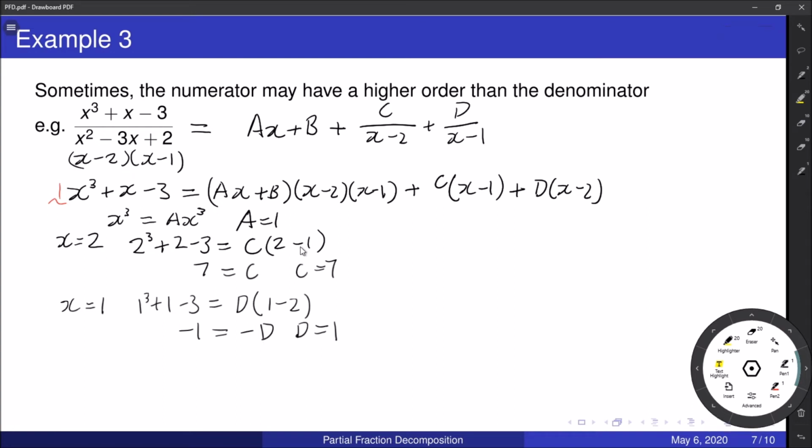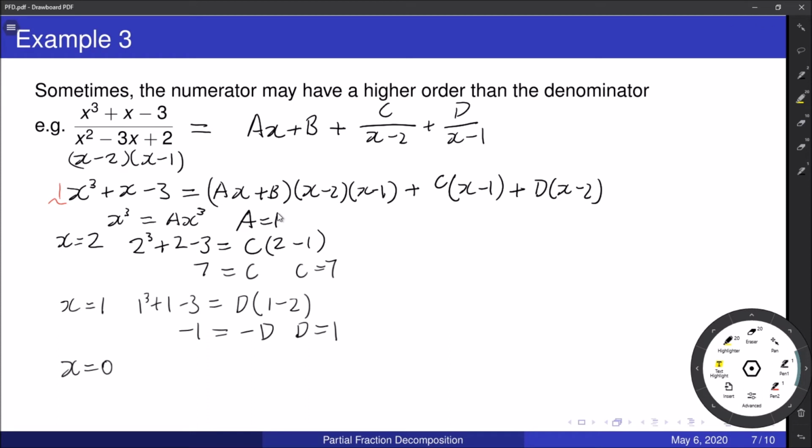And finally, we want to find what b is. Because we already know what c and d are, we can just make a disappear. You don't have to do that, but for me it's more convenient. So let's set x equal to 0.